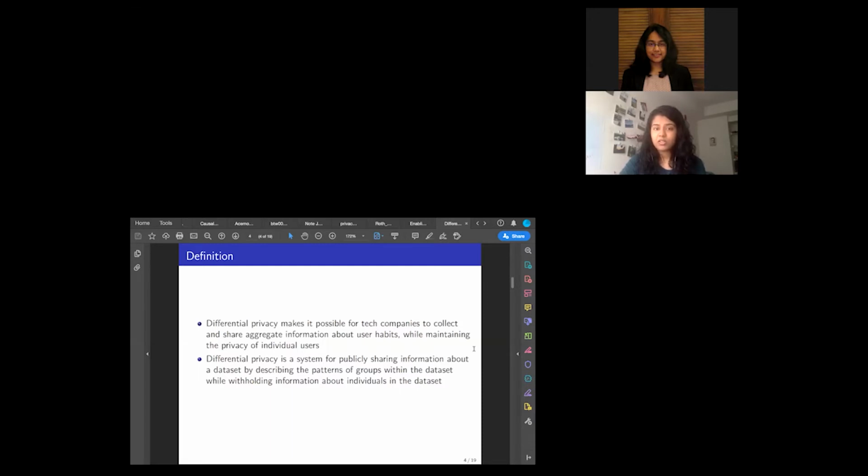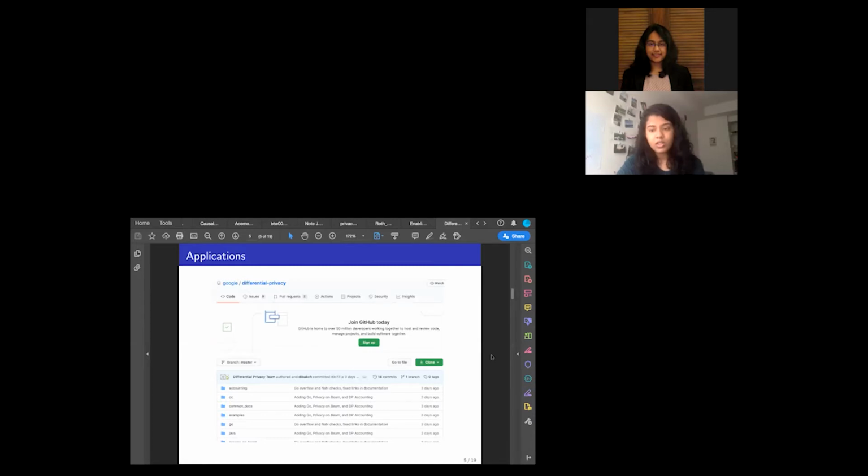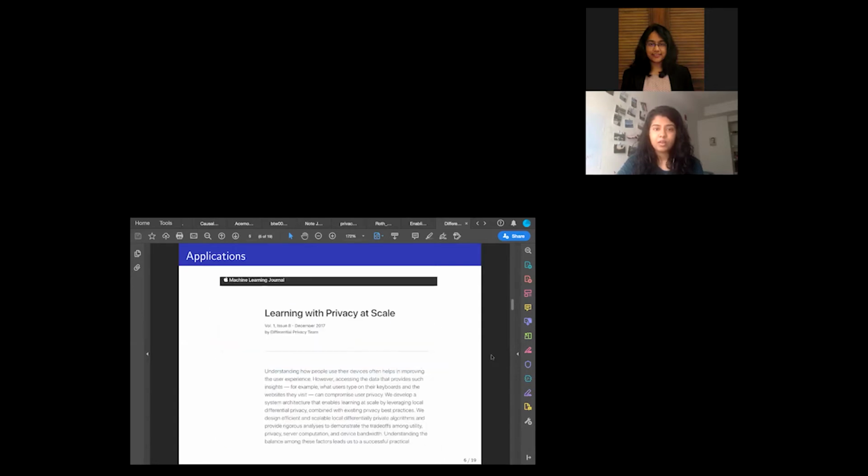Because of the success of differential privacy and the promise of the theoretical guarantee that it provides, it has been incorporated by several tech giants. Google uses differential privacy to collect data for surveys, etc. Apple has been actively using differential privacy in collecting data through Safari and other entities.